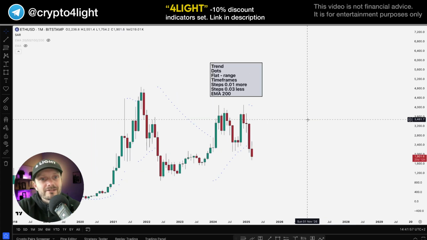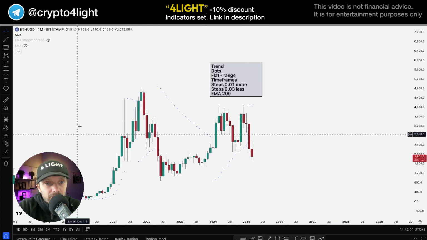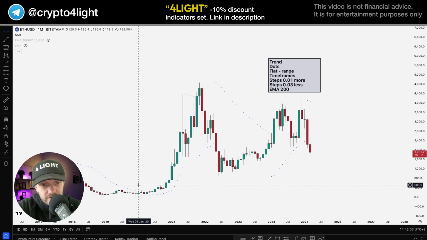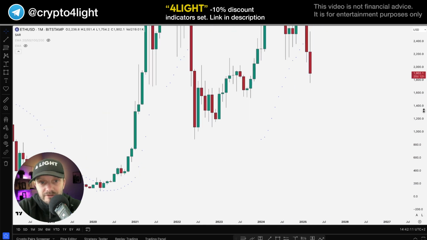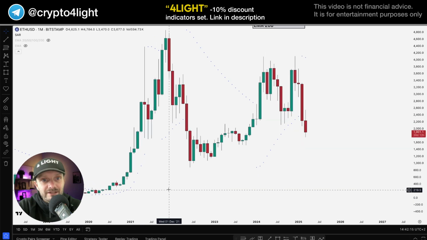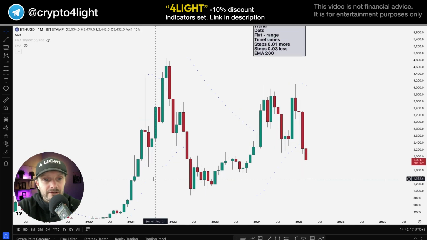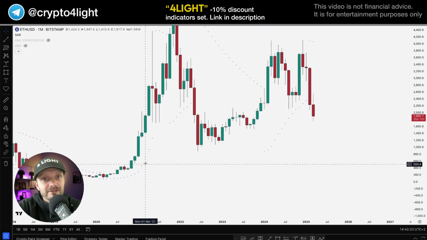So take a look. The monthly time frame is showing you the trend. Check. This was January 2020. Then in February 2020, the trend changed. And since February 2020 till May 2021, we traded in the uptrend on the monthly time frame.